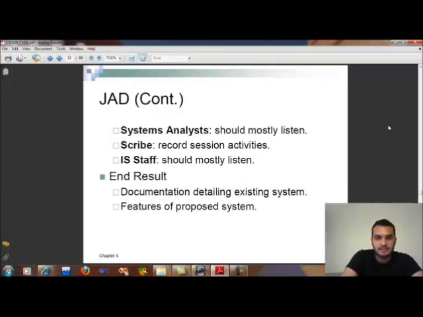And who is the systems analyst? They should mostly listen and scribe, recording session activities, and IS staff should mostly listen. The results are documentation detailing the existing system and features of the proposed system.